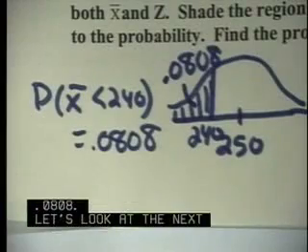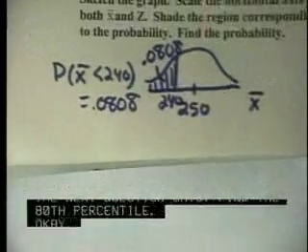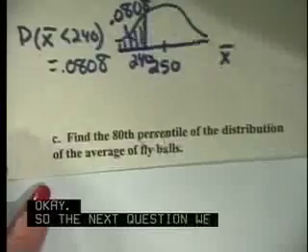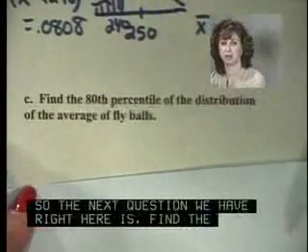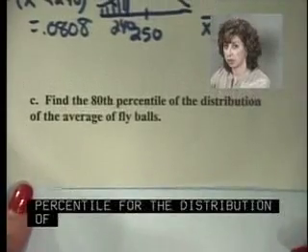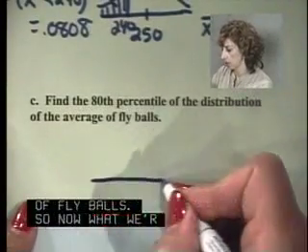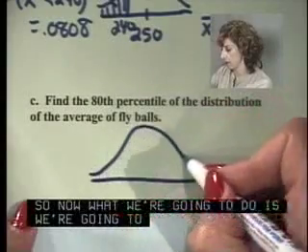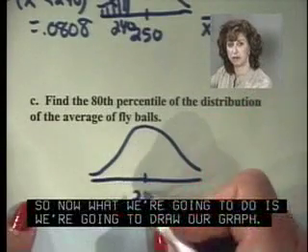The next question says, find the 80th percentile. Okay, so the next question we have right here is, find the 80th percentile for the distribution of fly balls. So now what we're going to do is draw our graph. We're centered at 250.